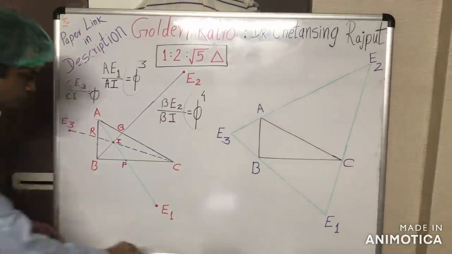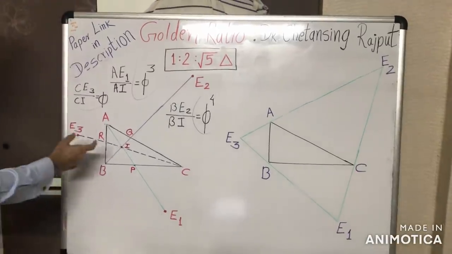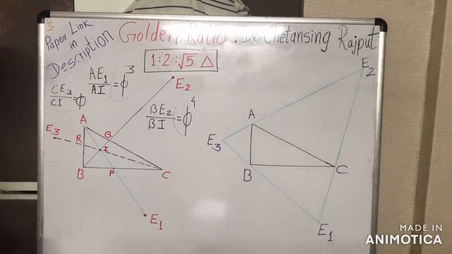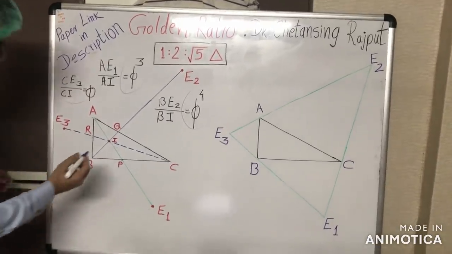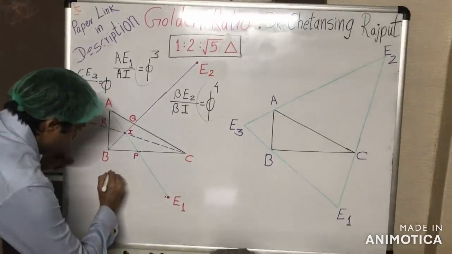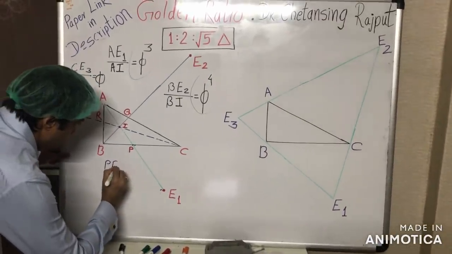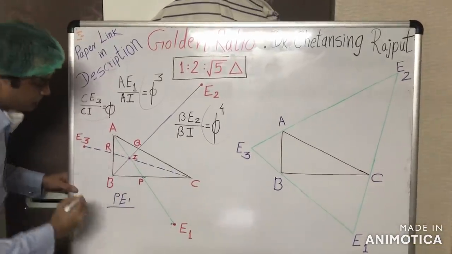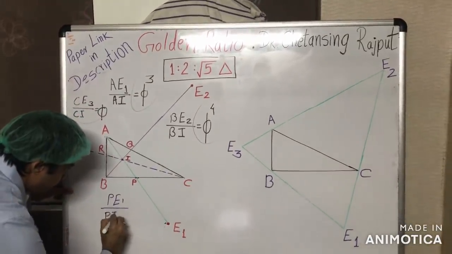Similarly, let us consider the ratios between some other segments of 3 angle bisectors. Like consider this length P E1 upon distance between point P and in center PI.